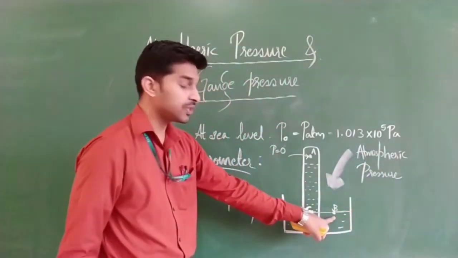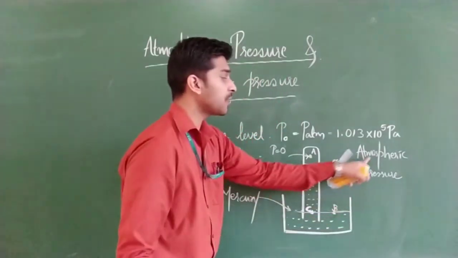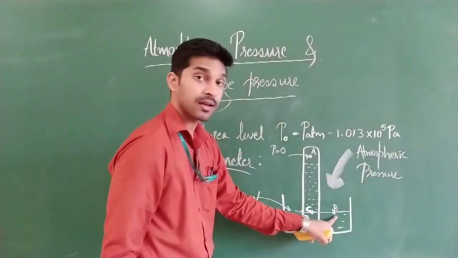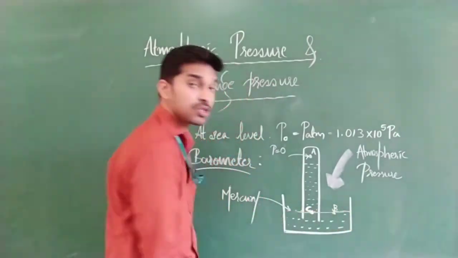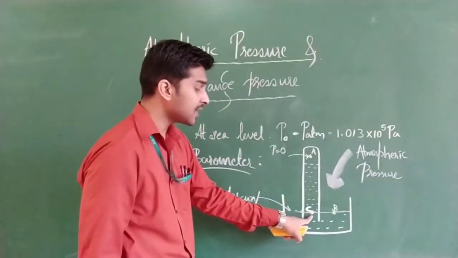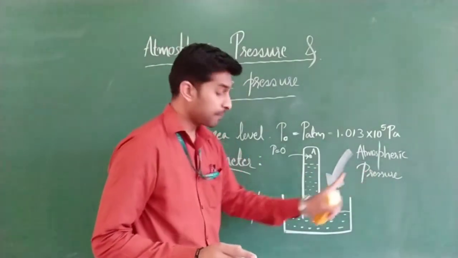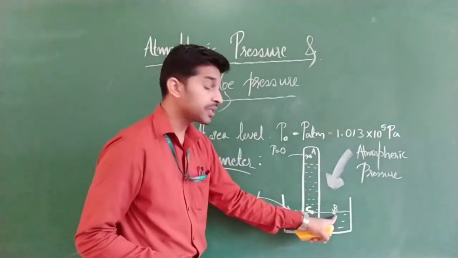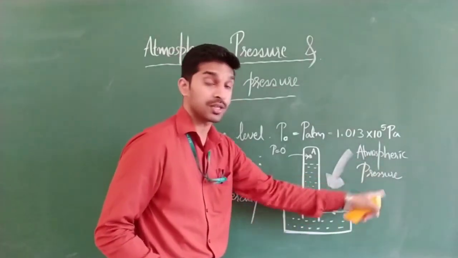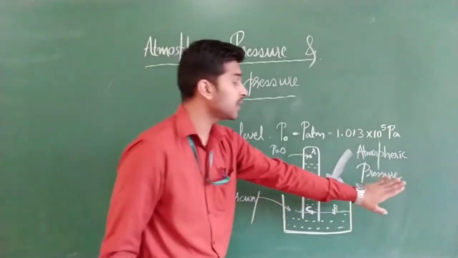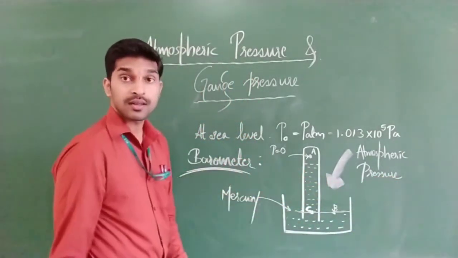So what we conclude is that point B and point C are at the same horizontal level. That's why pressure at C should be equal to pressure at point B. But what is the pressure at point B? That is nothing but atmospheric pressure. And an instrument to calculate atmospheric pressure is nothing but what? Barometer. Clear?